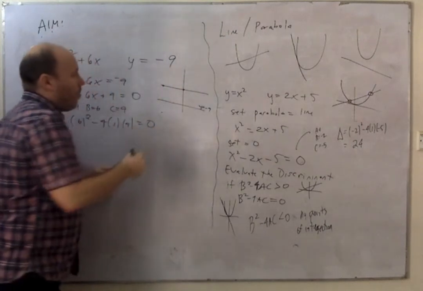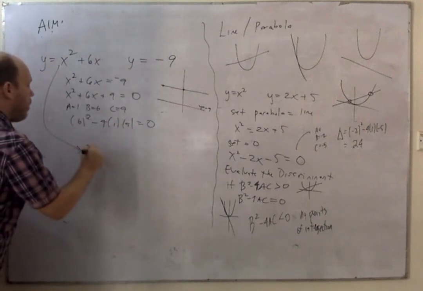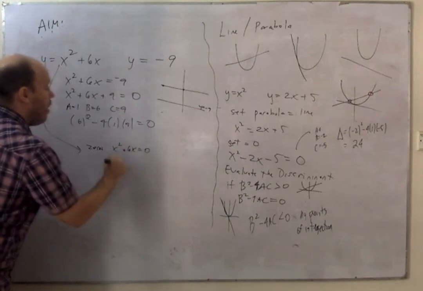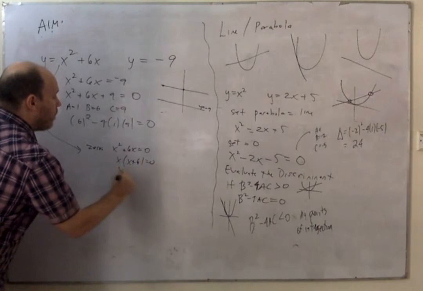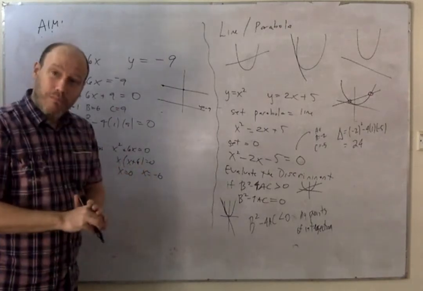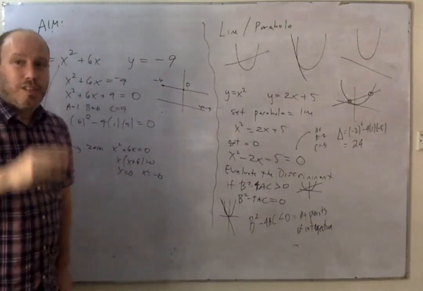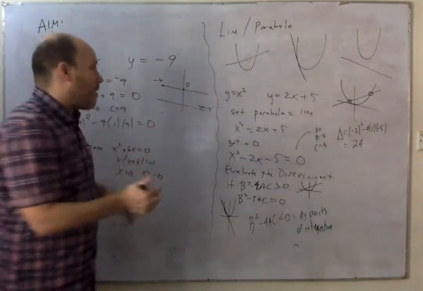Let's think about this. The zeros, x squared plus 6x equals 0. Factor out an x, x plus 6 equals 0. X equals 0, x equals negative 6. Now, because 0 and negative 6 are my zeros, negative 3 is the axis of symmetry.